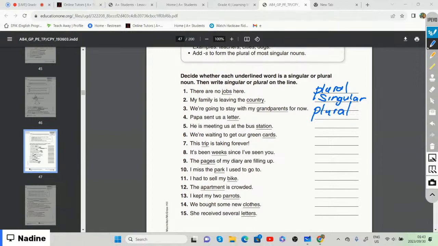Papa sent us a letter. Letter. So letter is singular. And station, he is meeting at the bus station. And bus station, we also just say it is singular.